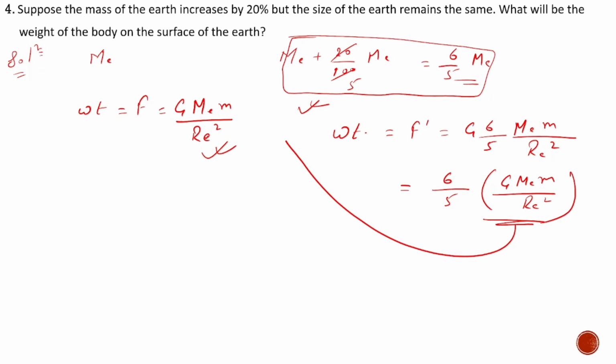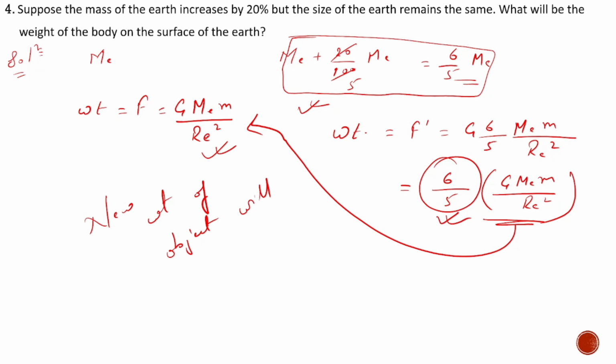Okay, this is the same as earlier, but it is increasing by 6 by 5 times. So the new weight of the object will increase by 6 by 5 times, which is also equal to 6 divided by 5. It will become 1.2 times.